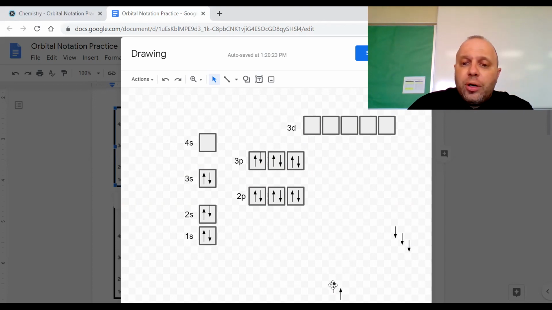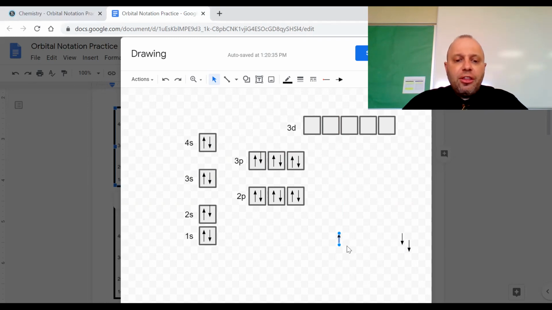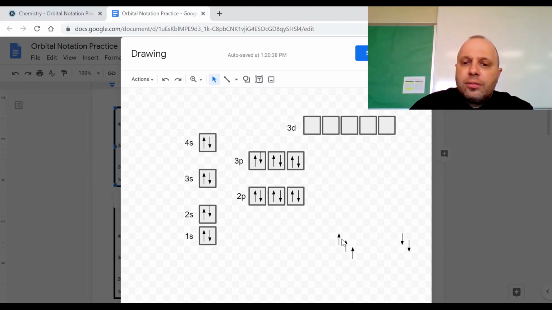For the 4s, you'll have 1 that's pointing up and 1 pointing down. And finally, for the 3d, you'll need 5 that are pointing up and none that are pointing down.